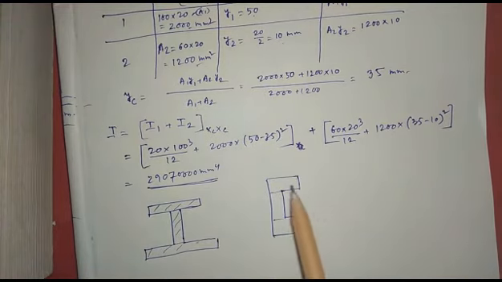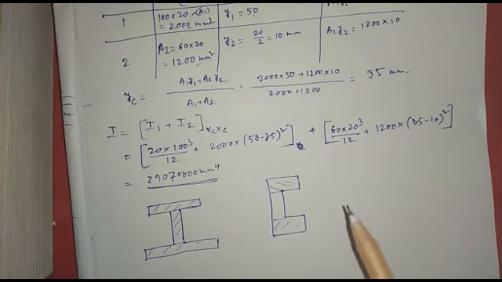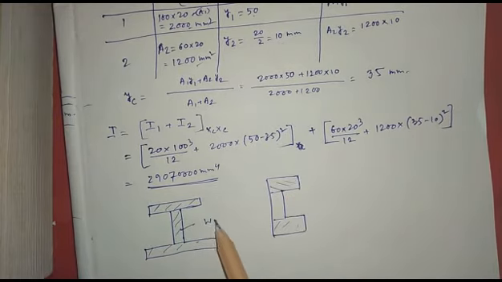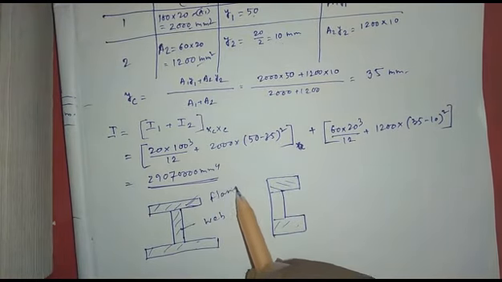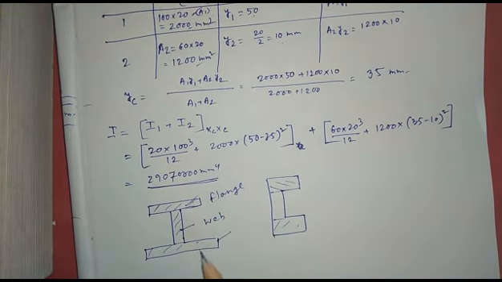Take this web as one rectangle, and these flanges. The horizontal members are called flanges, and the vertical one is called the web.